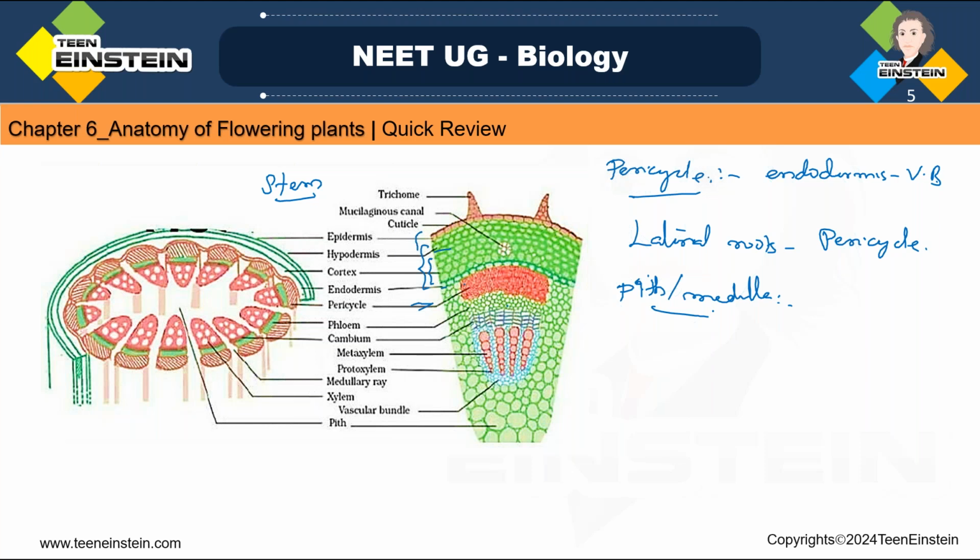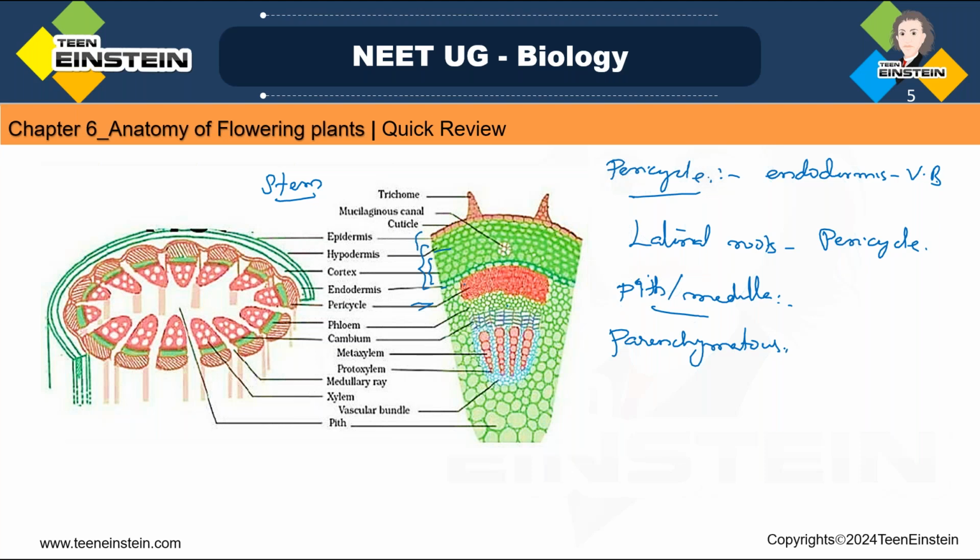So the central portion in the dicot stem, what do we call that portion? Pith or medulla. Then in monocot root also it is the central portion. Generally it is made up of parenchyma cells. The medulla or pith region is parenchymatous.